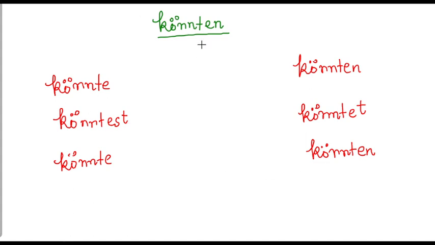Similarly, you can also conjugate müssen. So what will it be? Müsste, müsstest, müsste, müssten, müsstet, müssten. Isn't it easy? I don't think we are supposed to conjugate them again. This you can practice. Similar endings you are supposed to add to this root in order to get its conjugated version with respect to the other pronouns.